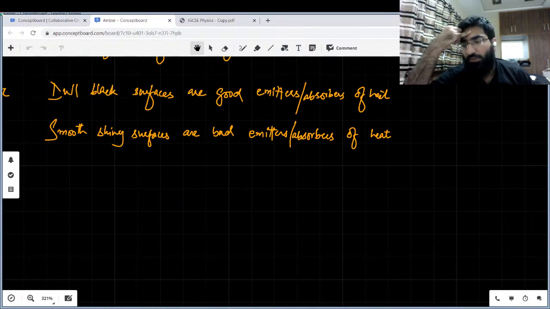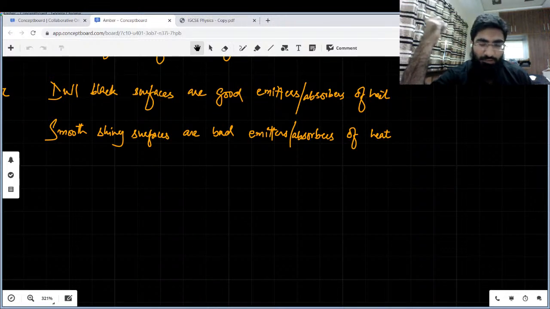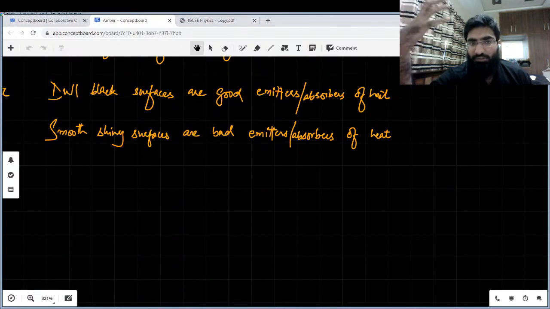That is also partly the reason that school uniforms usually have white shirts, especially for summers. And the sweaters that we have are usually of darker colors because in winters they help absorb heat energy and help the person keep warm.